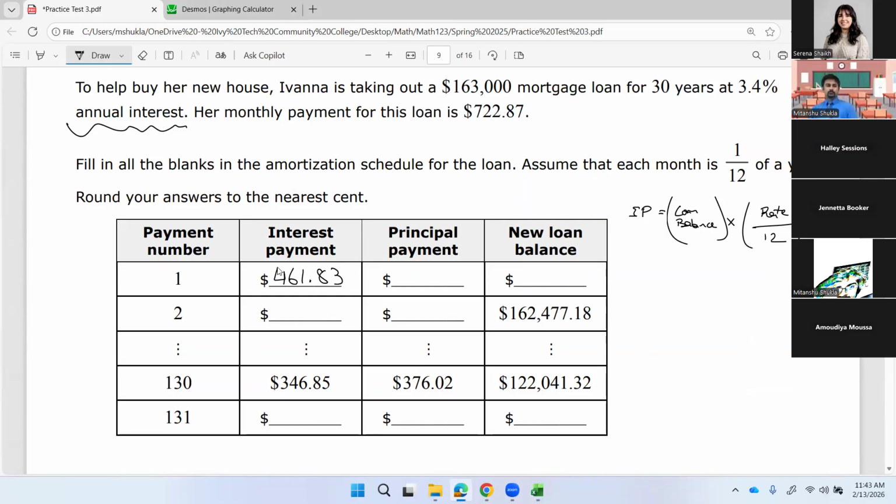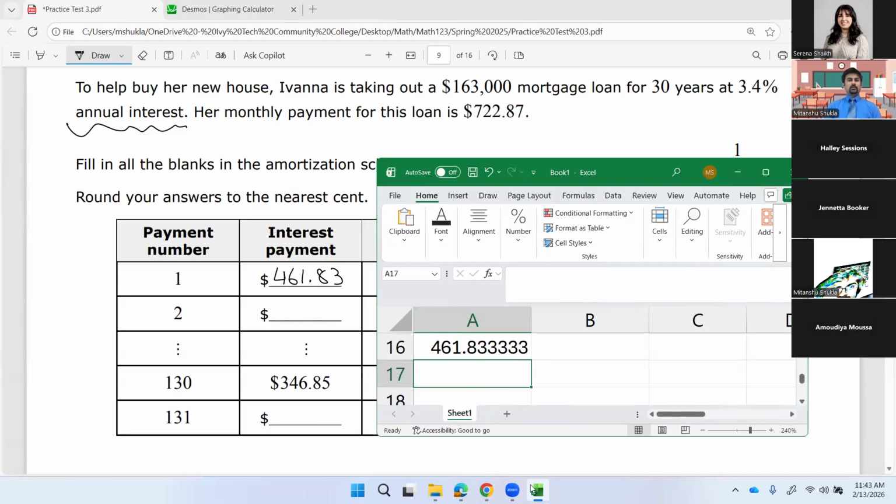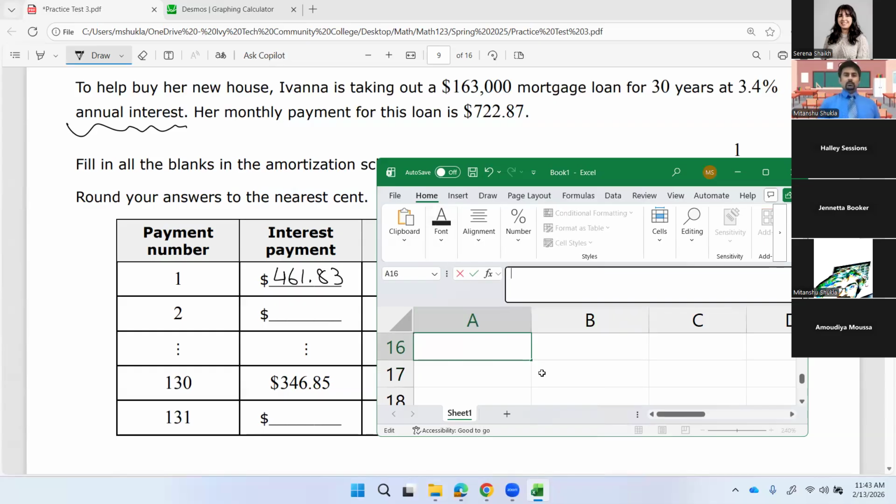Could you show me that Excel formula again real quick? For the PMT or the one I just did? The one you just did. Yep. So I did our loan amount, which was equals 163,000, and I multiplied it in parentheses with my rate, 0.034 divided by 12.